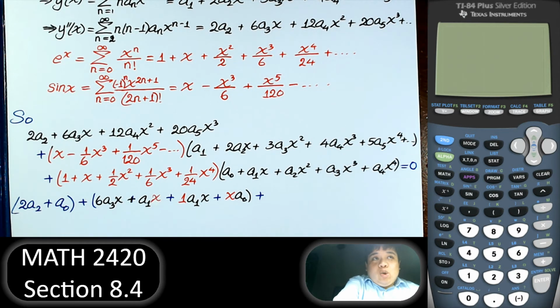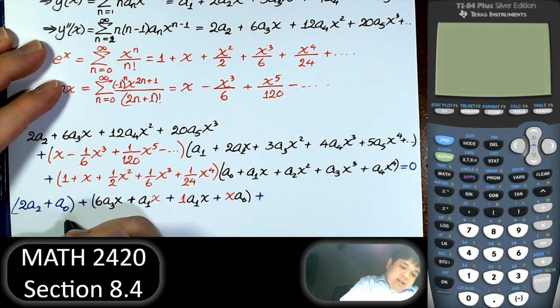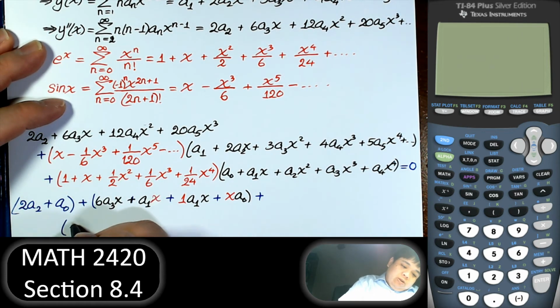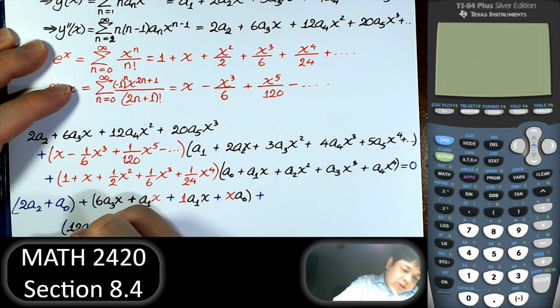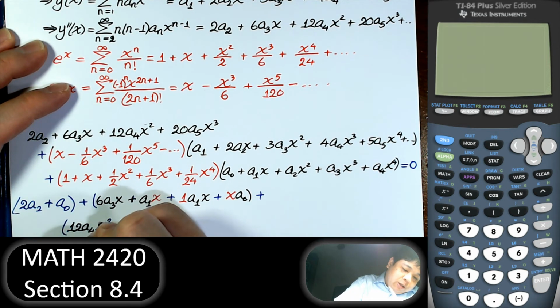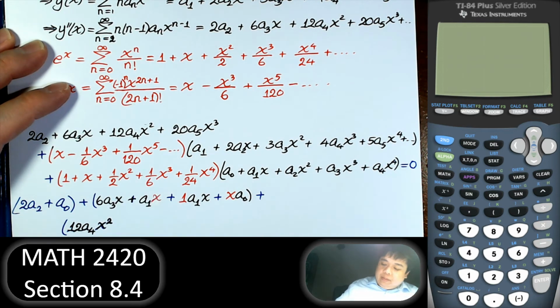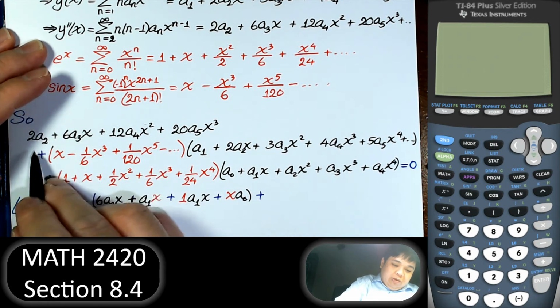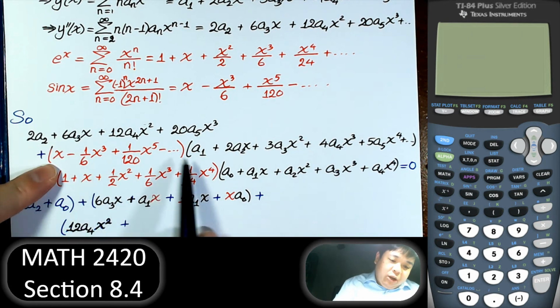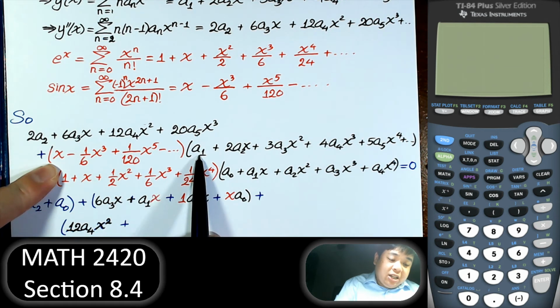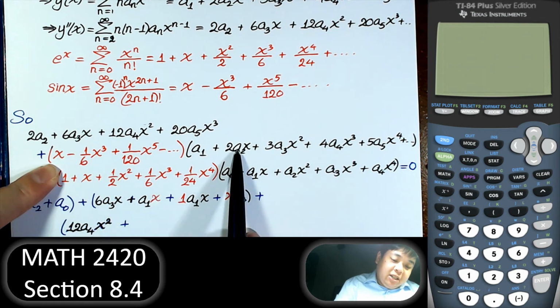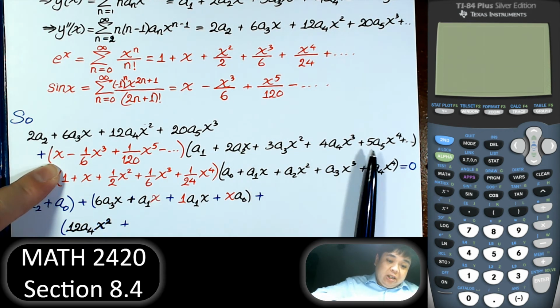Now to get x squared, we have 12a4 x squared from the first part. Now how do we get x squared from the second? If we take x multiplied by that, it gives us x. If x times 2a2x, this gives us x squared, and that is the only thing we have.